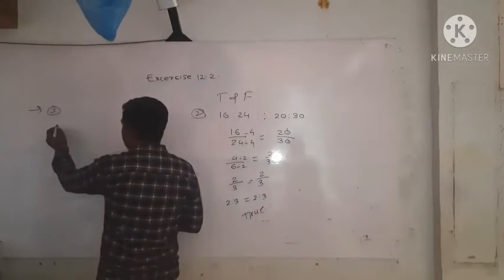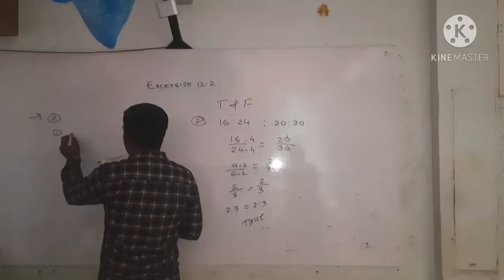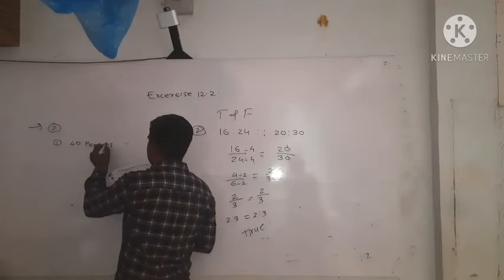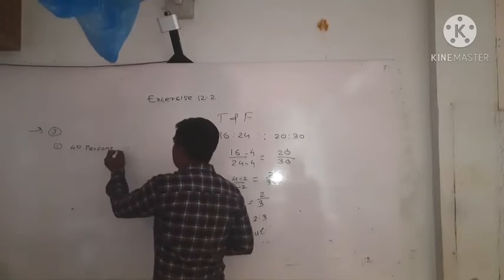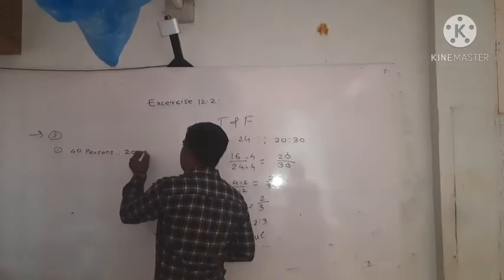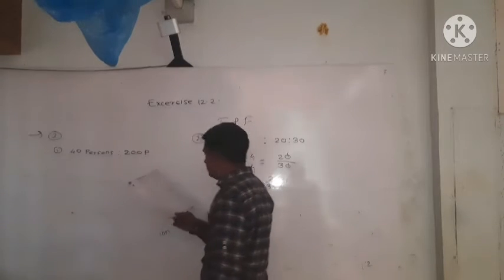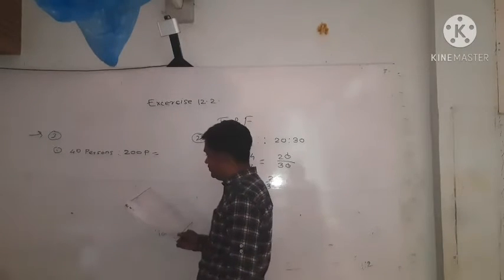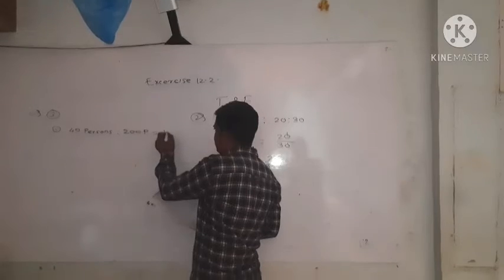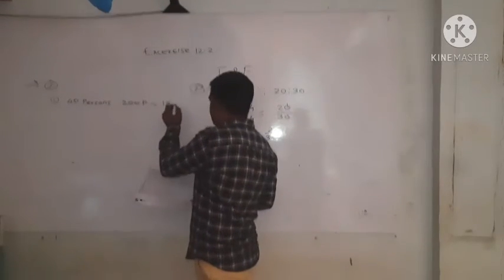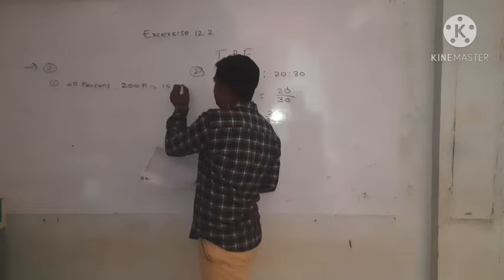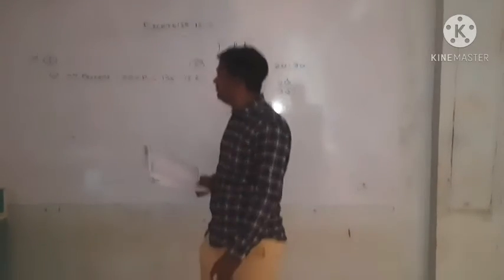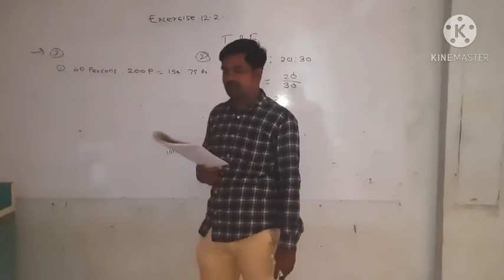First example is here: 40 persons is to 200 persons is equal to rupees 15 is to 75 rupees. If both are same, then it is true. If both are different, then it is false.